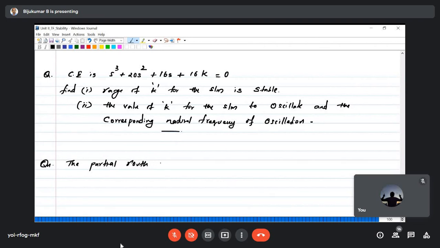The partial Routh array of the characteristic equation is given below. In this question, this is a reverse question. The Routh array itself is given. This partial Routh array has highest order 4, and the corresponding elements are 1, A, 8. The second row is 3, 2. The system oscillates with a frequency of 2 radians per second.